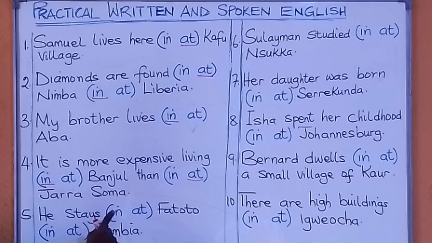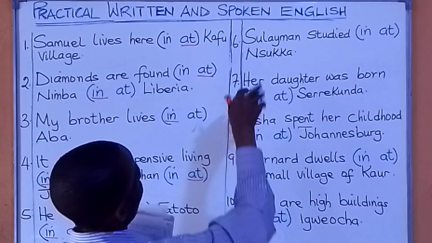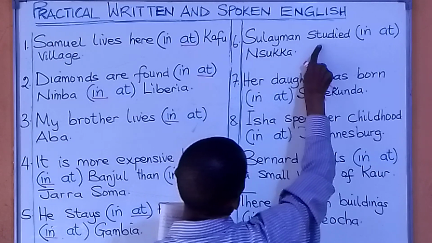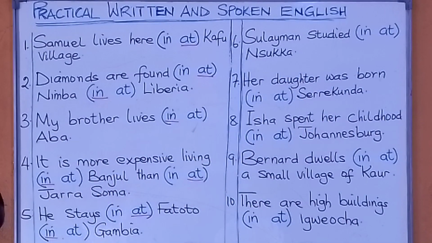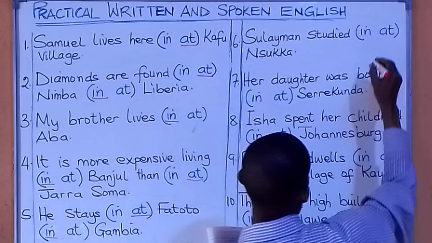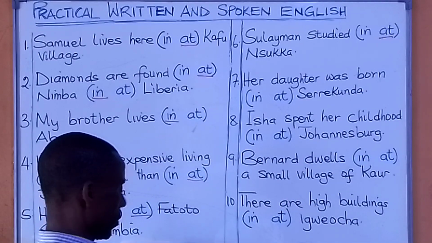He stays in Fatoto, at Fatoto. In Gambia, at Gambia. What are we going to write? He stays at Fatoto in the Gambia. Look at number 6. Suleiman studied in Nsuka, at Nsuka. What are we going to put there? Suleiman studied at Nsuka.